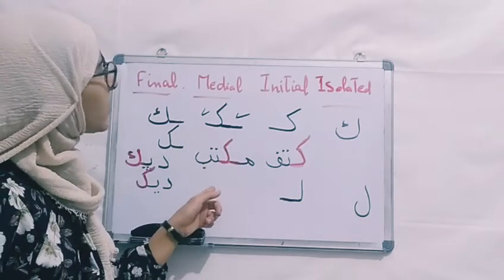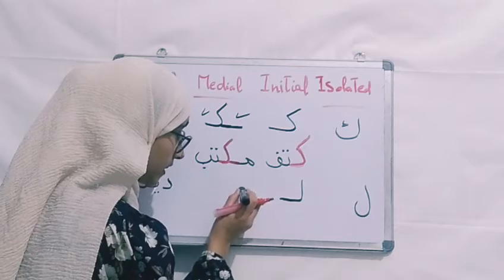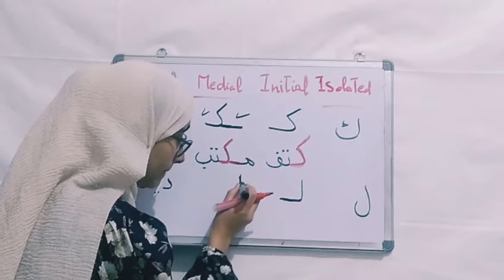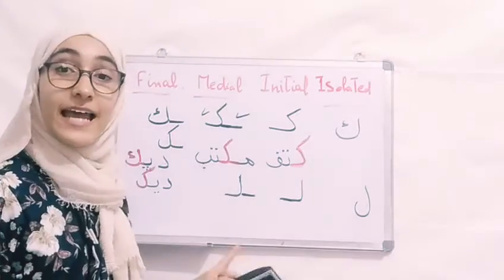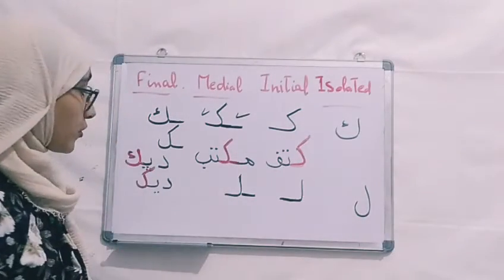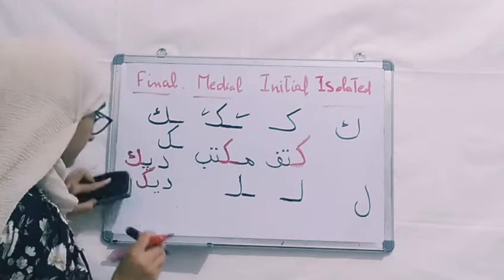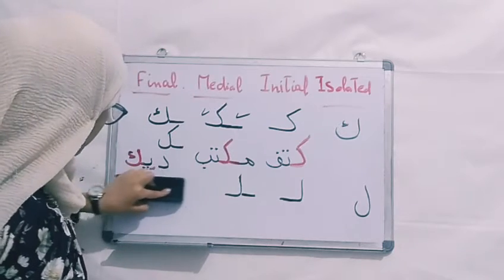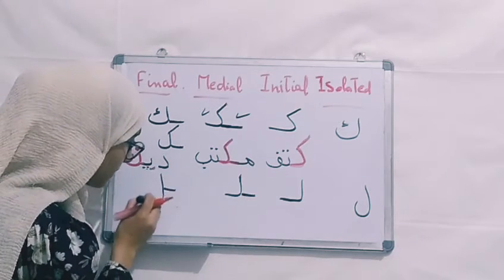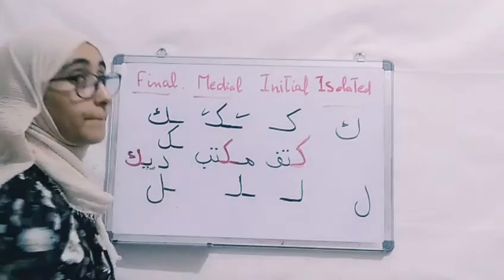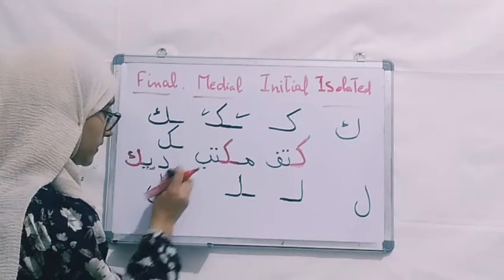And in the middle form, you keep the connecting line, then you write lam, then you keep the straight. And in the final form, you keep the connecting line, then you write lam as isolated form, because it needs to be connected before.